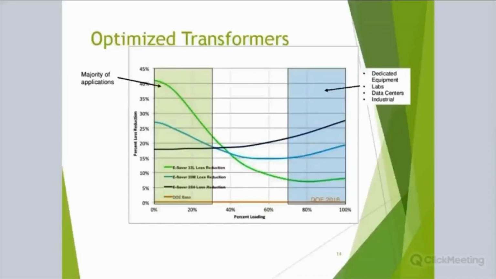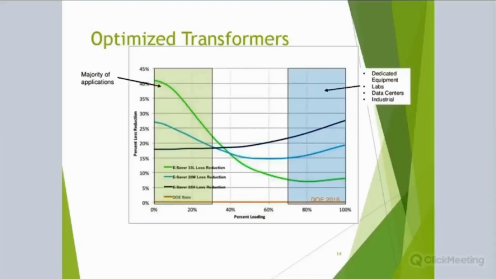That being said, this is a representation of three different transformers that some manufacturers will build that pertain to different loading. So the green line is a transformer efficiency.